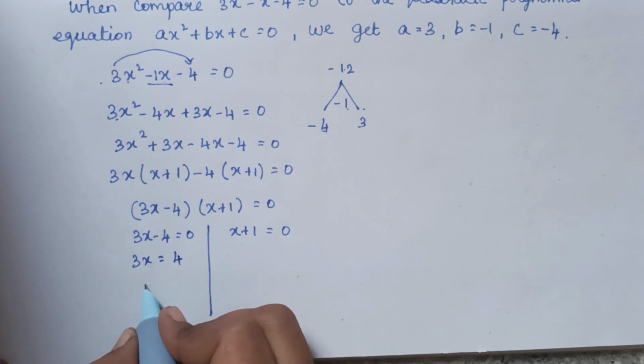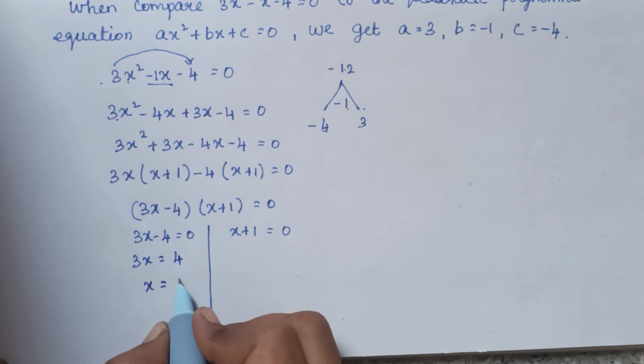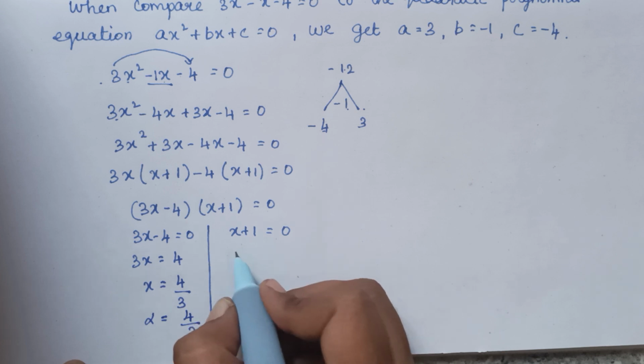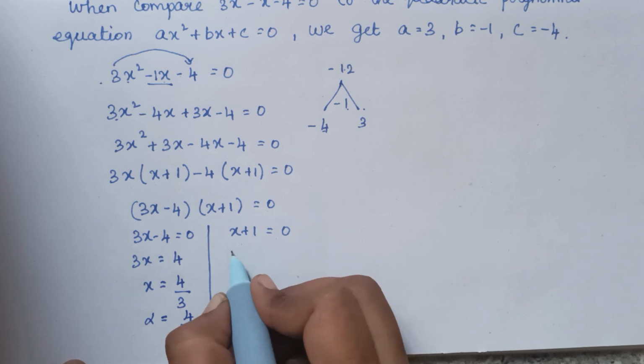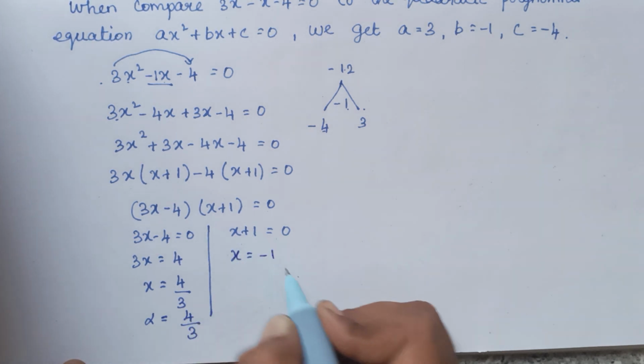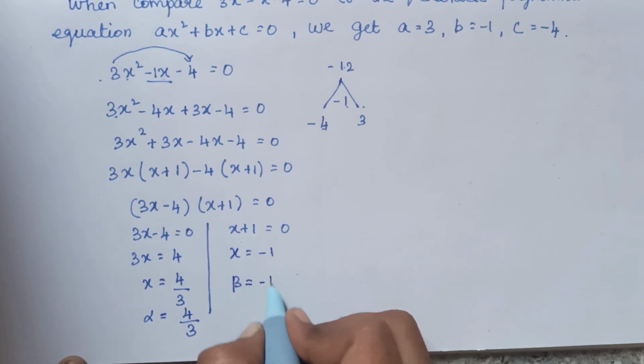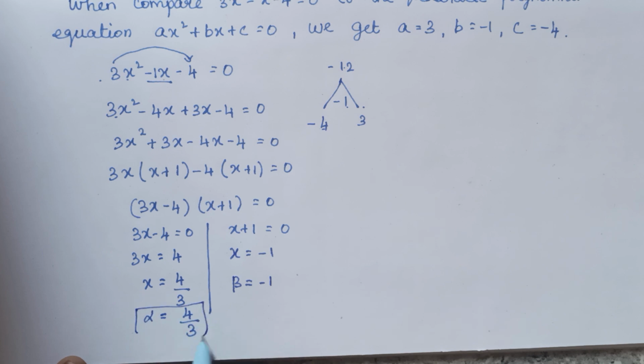So x is equal to 4, multiplication comes this side as division. x is equal to 4 by 3, that is alpha is equal to 4 by 3. And then now here beta. So x is equal to, plus 1 comes this side as minus 1. So beta is equal to minus 1. Okay, so we found alpha is equal to 4 by 3 and beta is equal to minus 1.